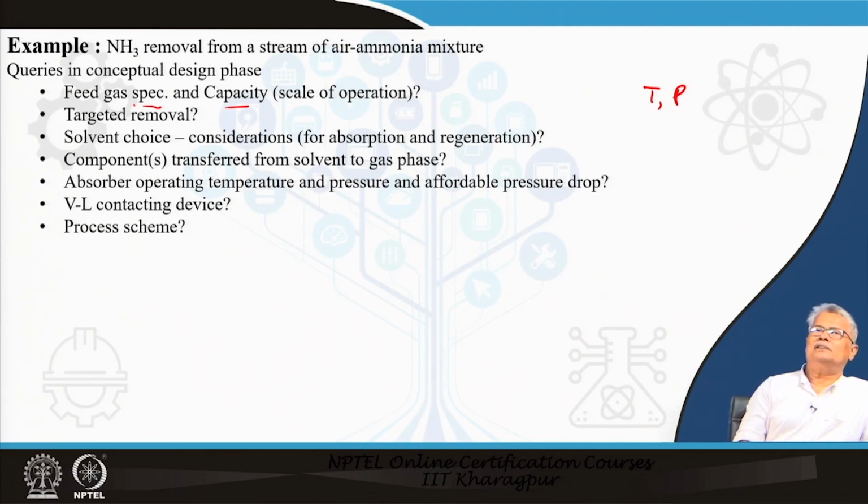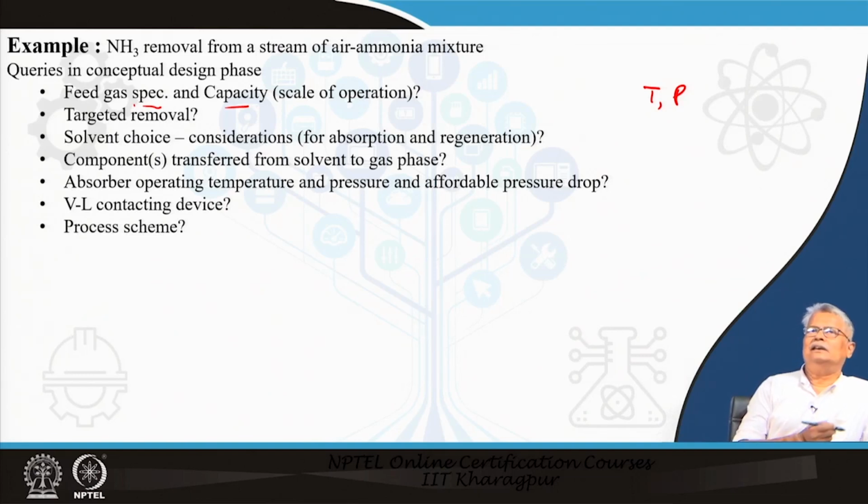Now, the gas stream has to be passed through. After all, if it is a piece of equipment, the gas will definitely encounter a pressure drop as it passes through it. So, also the gas will be available at a particular pressure, and that pressure has to be slightly higher than the operating pressure of my absorber.